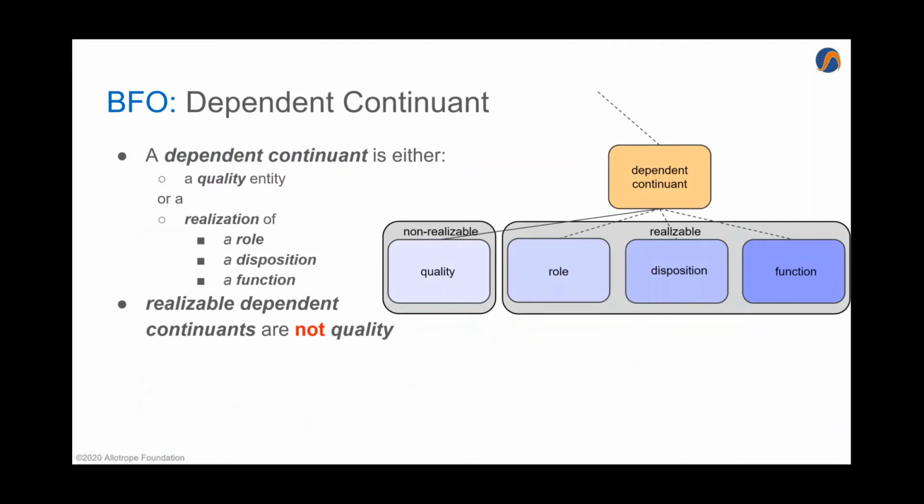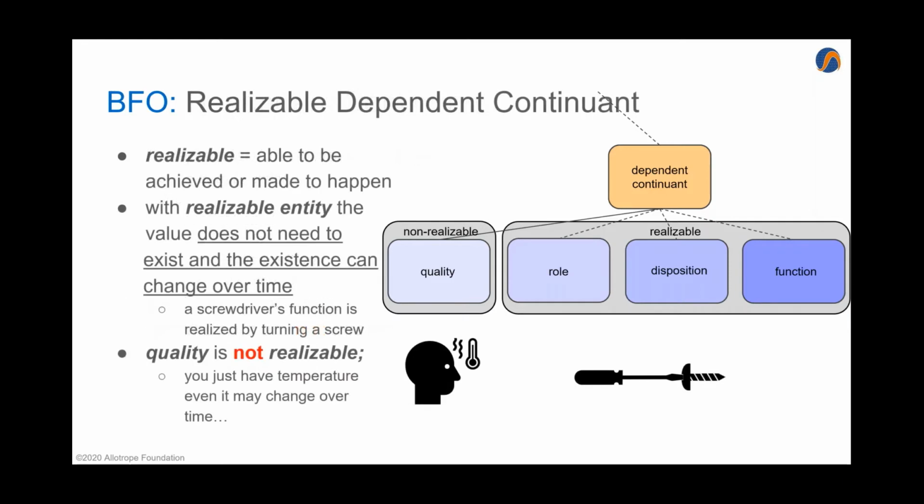Now let's drill down into dependent continuant. A dependent continuant is either a quality, which is non-realizable, and we'll touch on it in a moment, or a realizable entity: a role, a disposition, or a function. Looking at the dictionary, realizable means able to be achieved or made to happen.